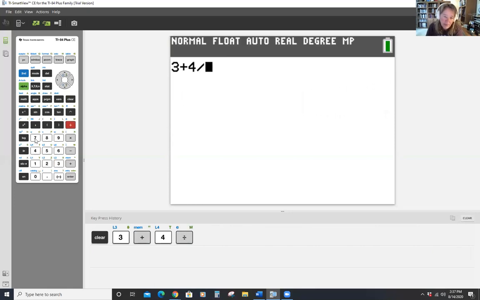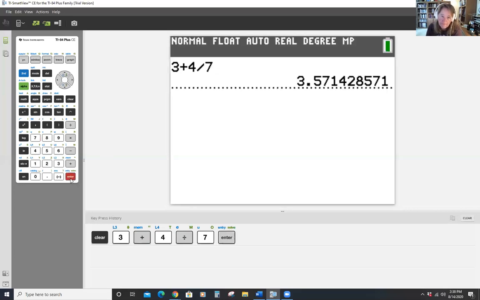But I didn't enter it like you see it there, because the way it's written on your paper, you should be adding the 3 plus 4 first and then dividing by 7. But because the calculator does order of operations, it's going to do the division before it does the addition. And so you get that.